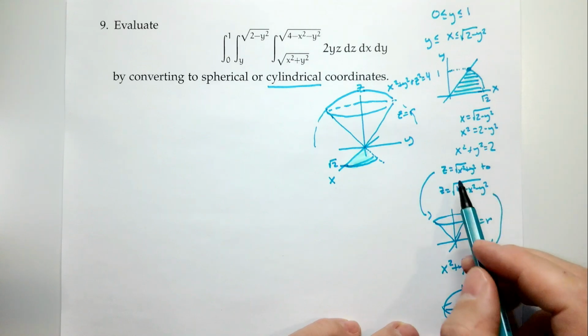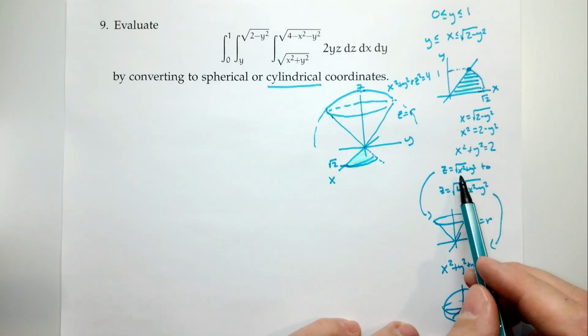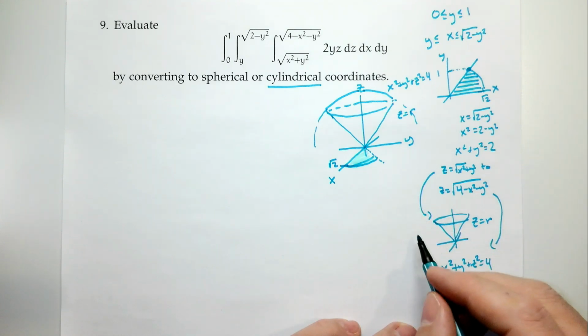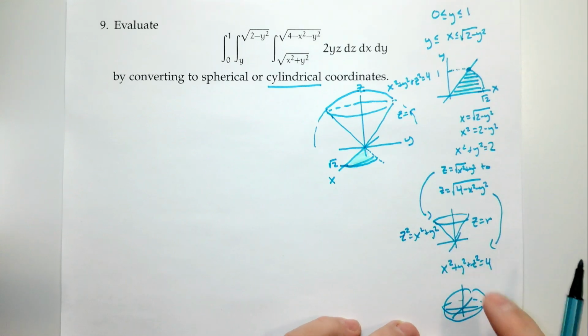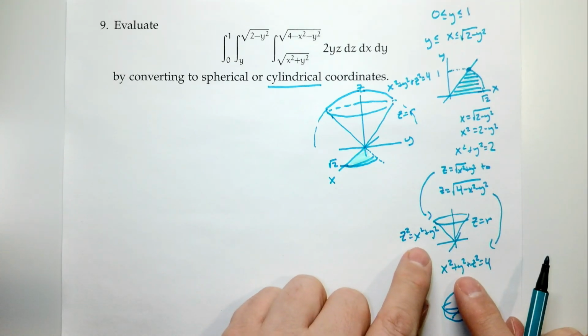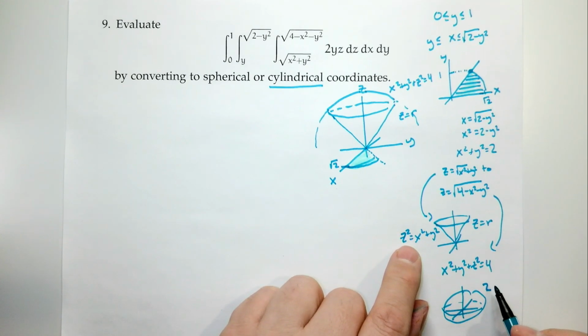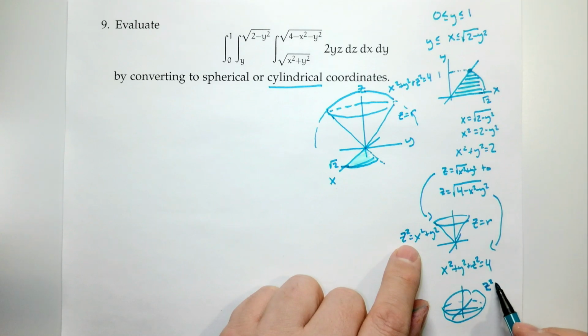Well, notice the cone is, another way to think about that is z squared equals x squared plus y squared. So if we replace x squared plus y squared by z squared, we say, aha, they are going to intersect when z squared is equal to 4. Sorry, z squared equals 2.